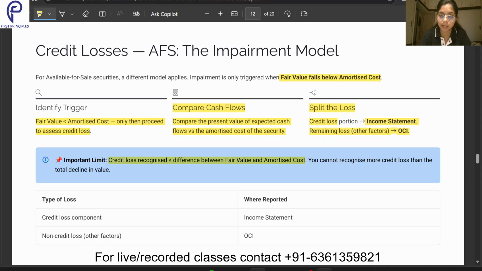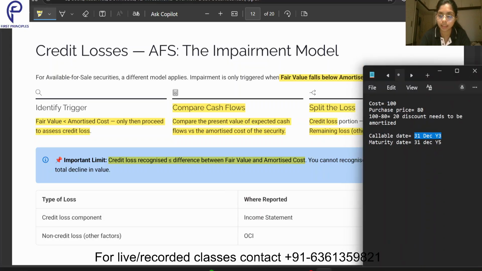For example, I'll take one example for better understanding, guys. Suppose my fair value is say 100. My amortized cost, AC I'm writing, is say 120. So the reduction is how much? How much should be my credit loss? My credit loss should be equal to 20 or less than that.